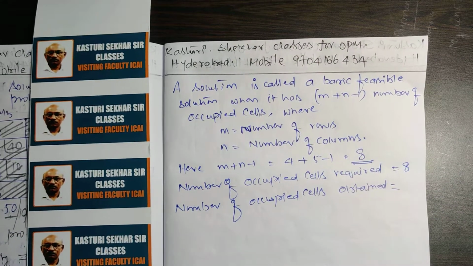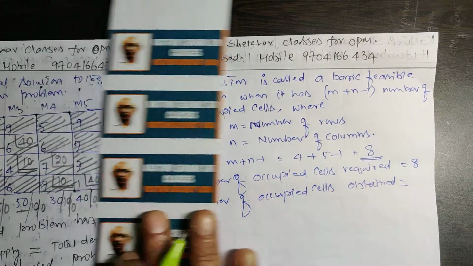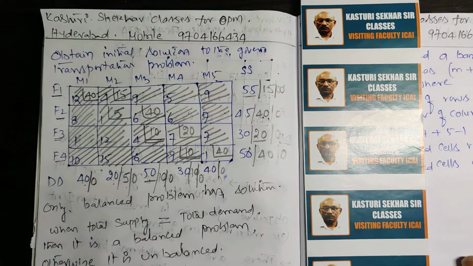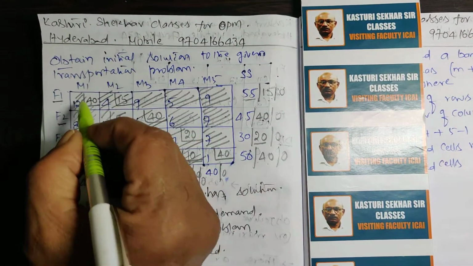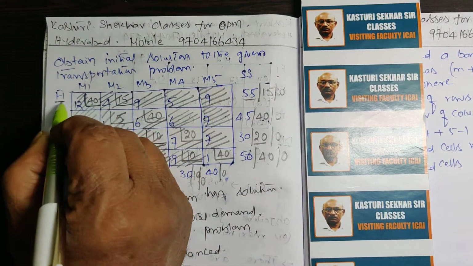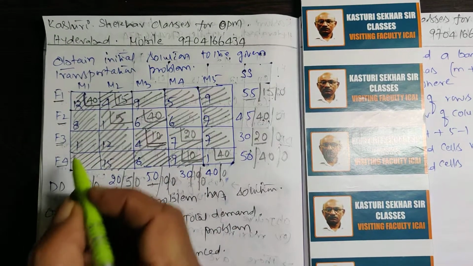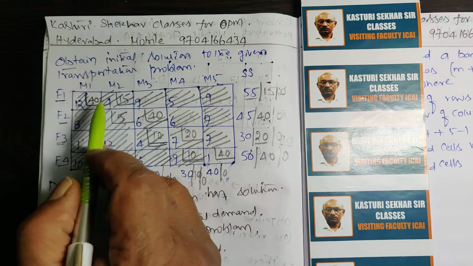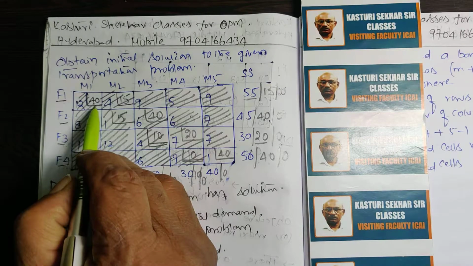How to calculate number of occupied cells obtained? Let's go to the solution part once again, sir. Here from factory 1 to market 1, 40 units are supplied. So here there is an allocation.